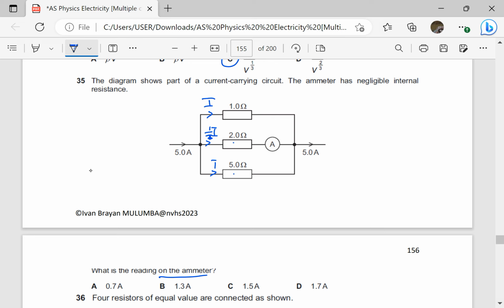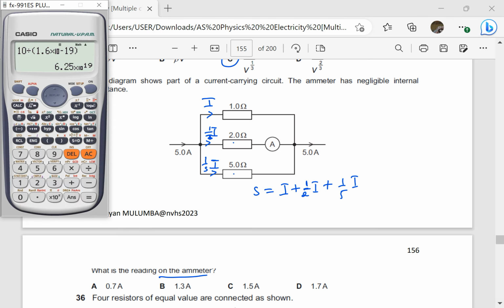This 5 ohms is 5 times 1, so the current in 5 ohms is going to be 1 over 5 of I. So I can now just sum these, because by Kirchhoff's first law, 5 amperes should be equal to I plus a half I, then plus 1 over 5 I.